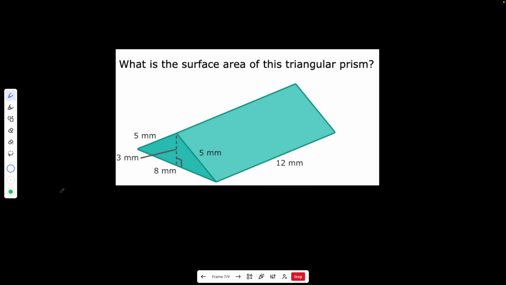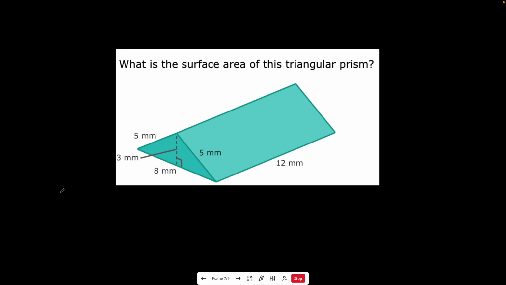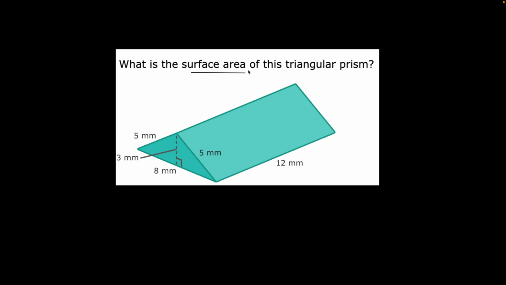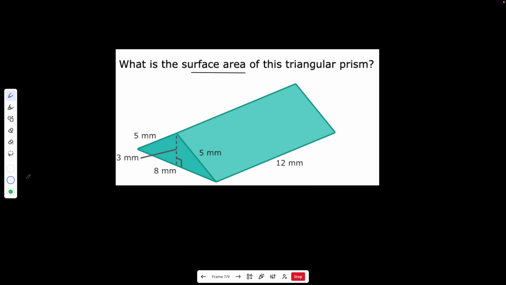Okay, for this one, the difference is that they're asking you for surface area again, but they don't give you a net to work with. So you have to be able to picture all of the faces, or sides, of the triangular prism. We're going to label here.